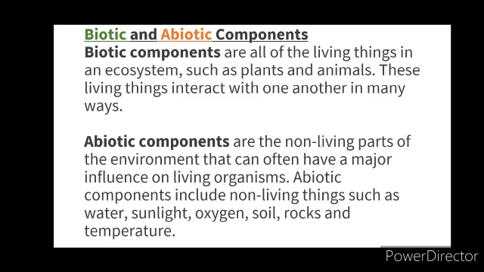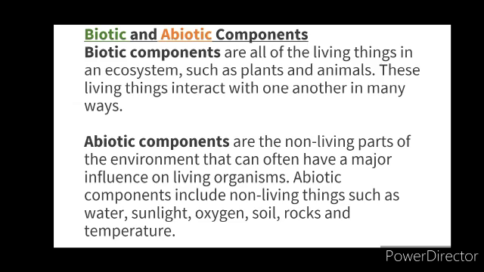Students, next we are going to know biotic and abiotic components. Biotic components are all of the living things in an ecosystem or in a habitat, such as plants and animals. These living things interact with one another in many ways.